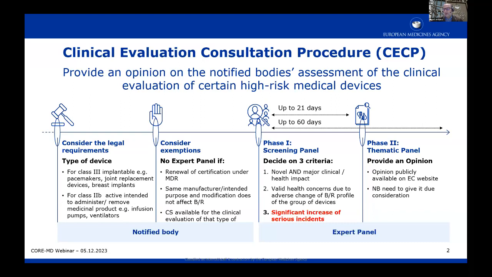The first criterion is based on the novelty and the major clinical or health impact that that device can bring. And this is very unique to the device that is being assessed. So if the screening panel decides that an opinion is needed, this would only be applicable to that specific device and the novelty and the impact that it might have.